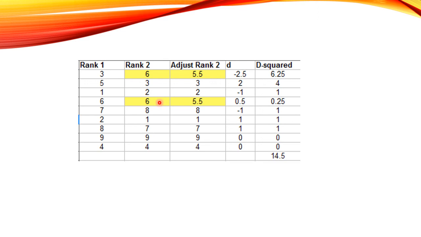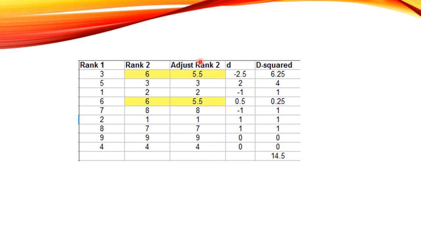The missing point is the 5th one. So they are having the 5th and 6th places. We have to take 5 plus 6, which is 11, divided by 2, it's 5.5. That's the way of taking that value.